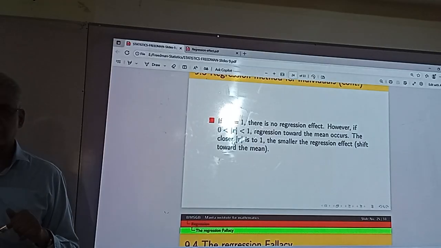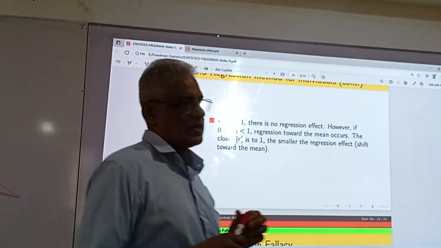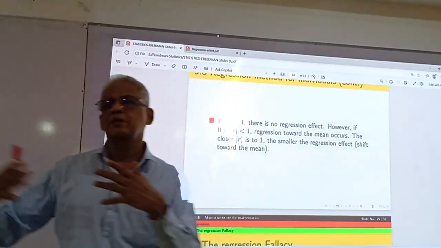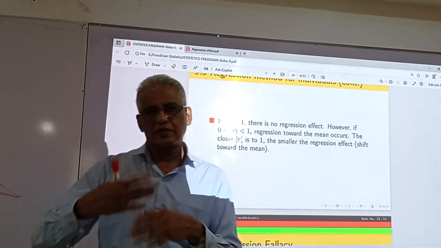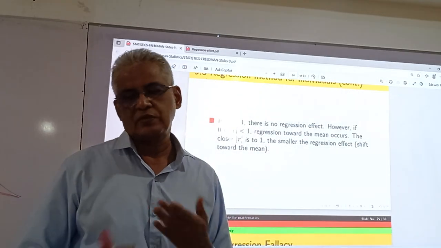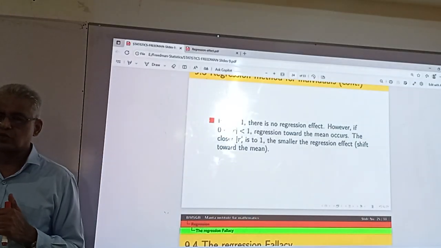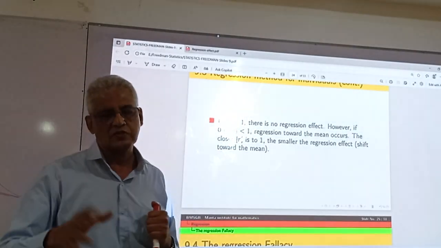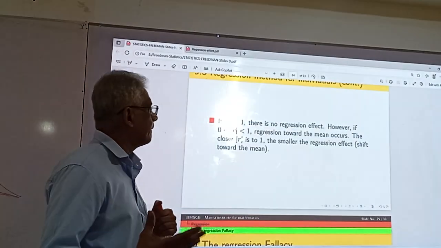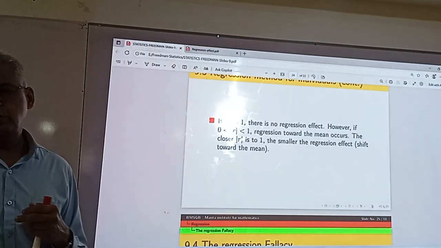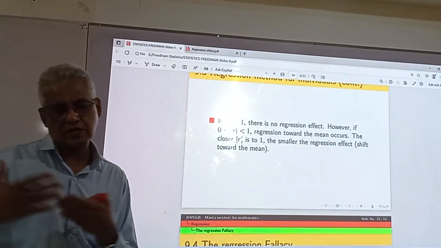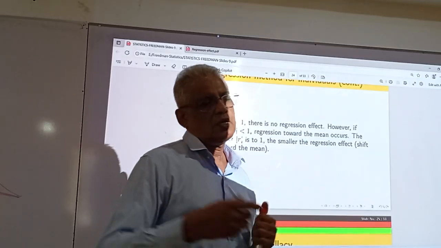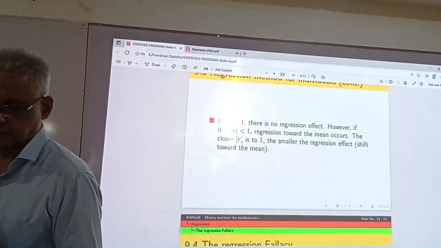Because we have to understand this is not because of any particular reason, any external reason. That is a natural thing that is happening always. So you should not try to attribute this behavior to some other external factor. You should understand this is happening always, and that's called the regression effect.